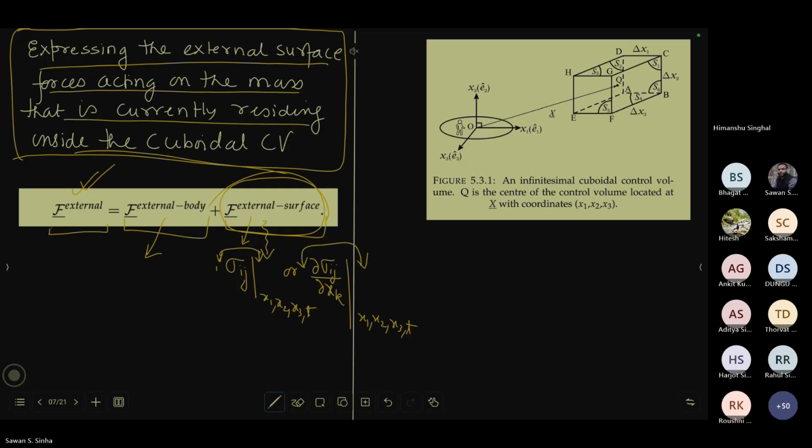And when I say derivatives, they will be at which location? They will be at the centroid of this control volume. And when I say various scalar components, again I am talking about scalar components of sigma at the same centroid.